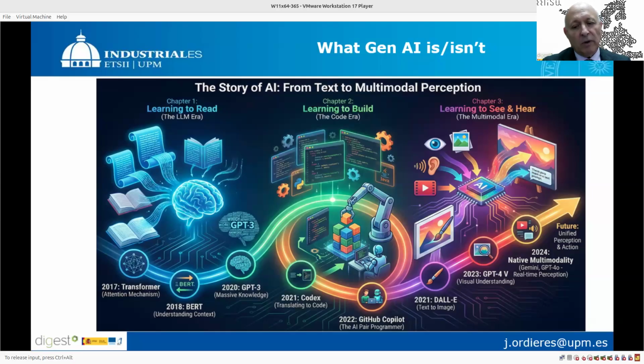Moving forward in time, 2021 and 2022 were mainly the time for developing LLMs for coding. So Copilot from GitHub, etc., arrived at that time.